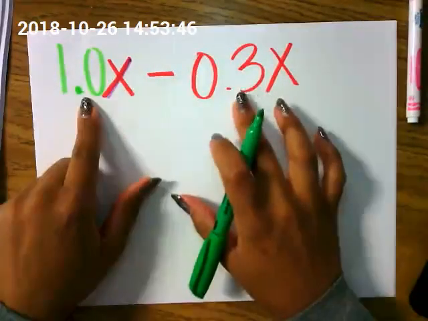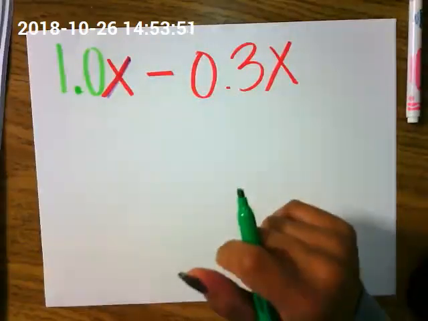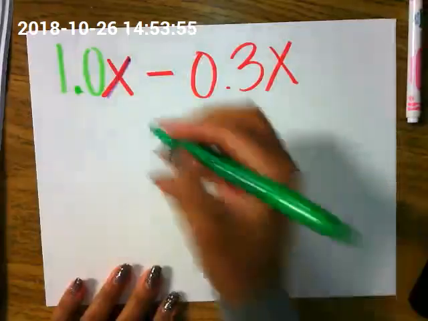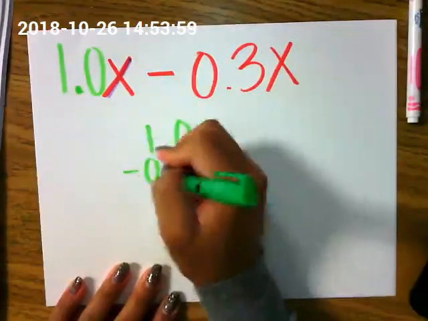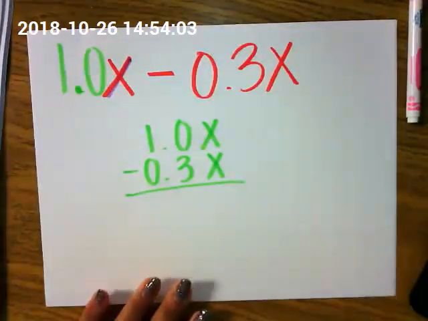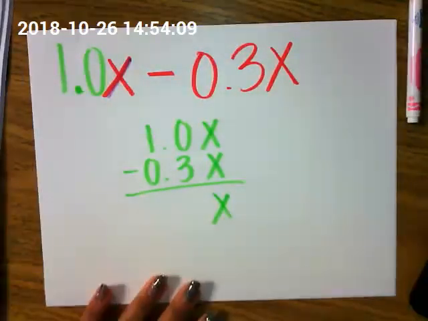Now the only thing different is these numbers here. How can I subtract decimals? Okay, we've got to line them up. So I'm going to write it differently. 1.0x minus 0.3x. And so now when I rewrite this, first I'm going to bring down my variable.